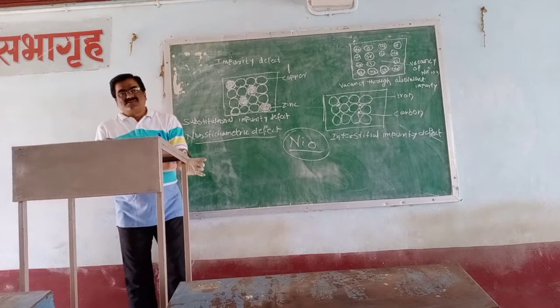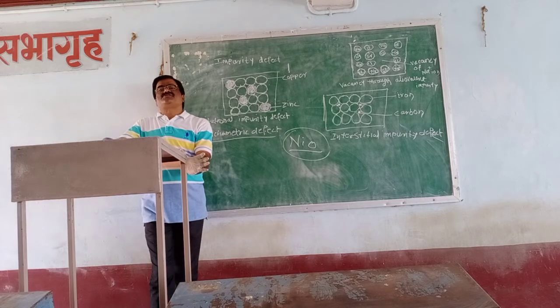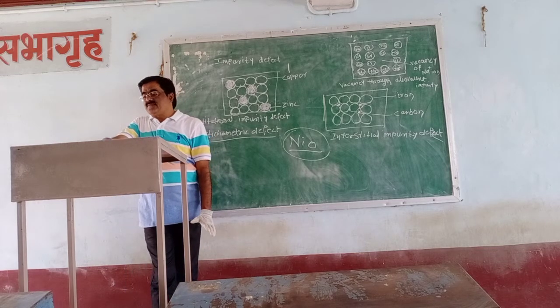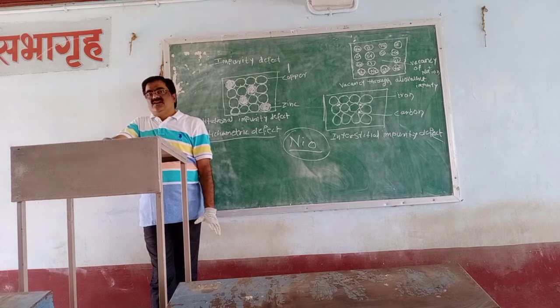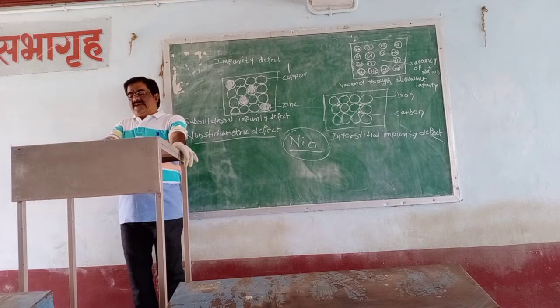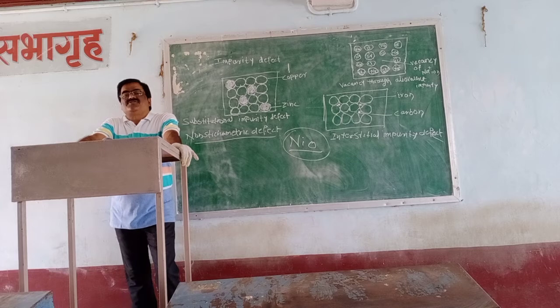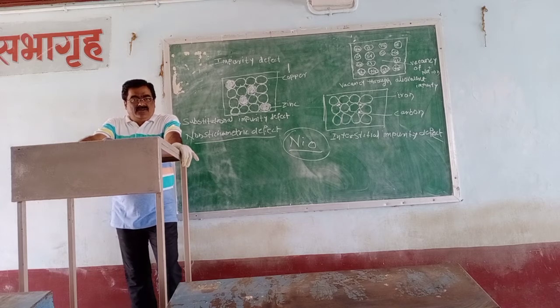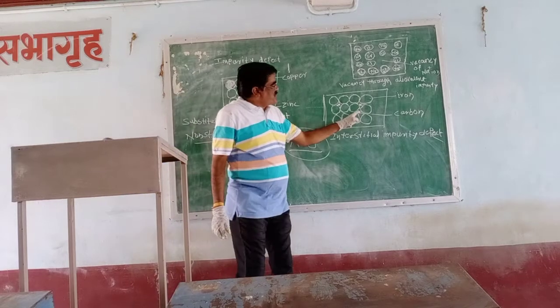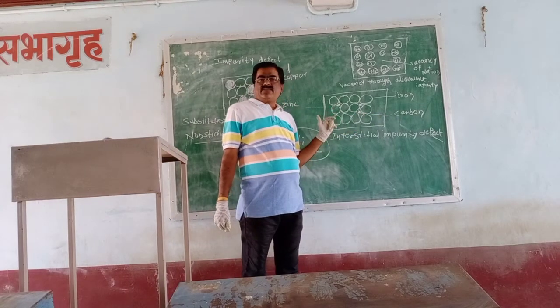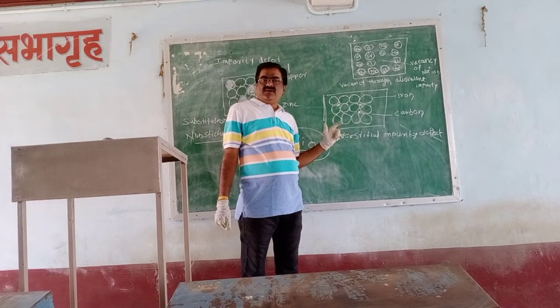Then second one is the metal excess defect. Metal excess defect म्हणजे काय? The neutral atoms or extra positive ions occupy the interstitial position. म्हणजे जसं या ठिकाणी इंटरस्टेशियल पोझिशन कार्बनने घेतली, दुसऱ्या घटकाने घेतली, तशा पद्धतीने.